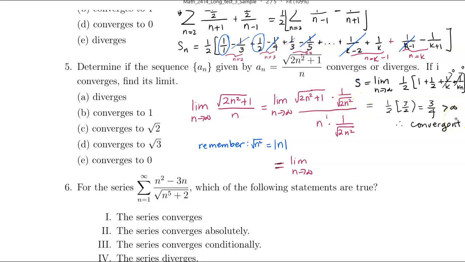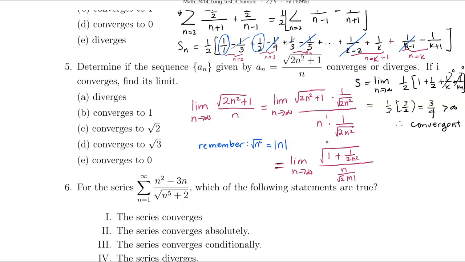That gives us the square root of 2n squared over 2n squared is just 1, plus 1 over 2n squared. And then the denominator will be n over square root of 2 and then absolute value of n.